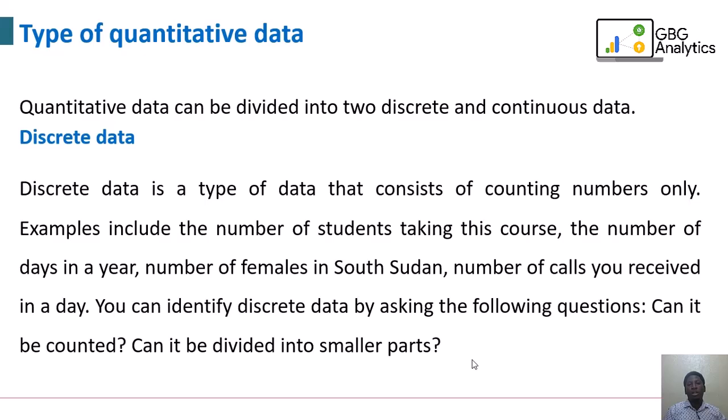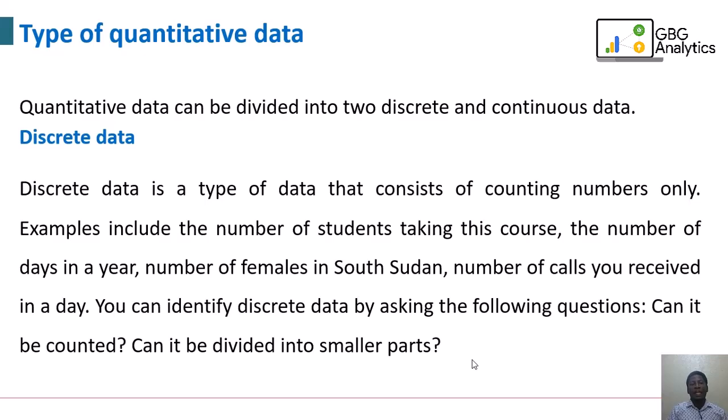The number of calls you receive in a day may be nothing, it may be 1, 2, or 3. And the number of students taking this course may be 30, 60, or 90. There is no decimal point like 60.1 or 70.8. That is why it is called discrete data.